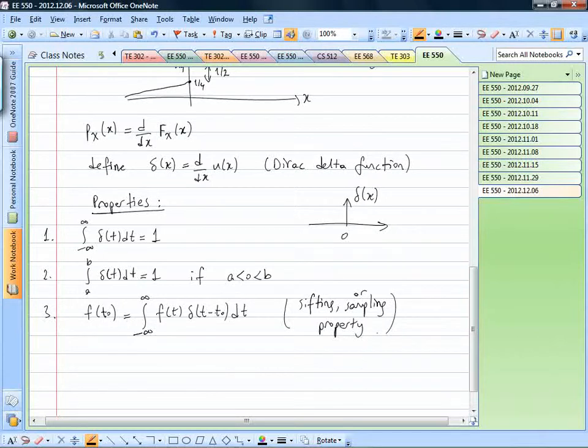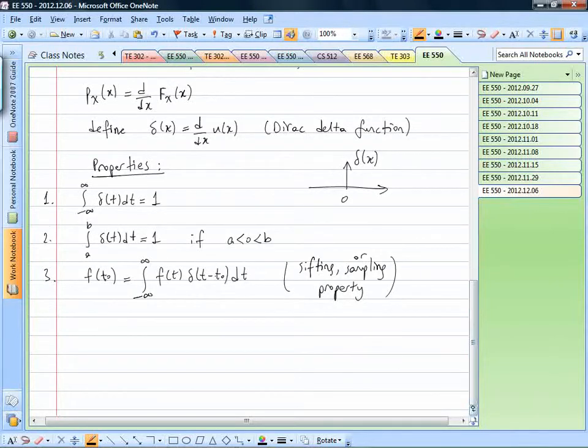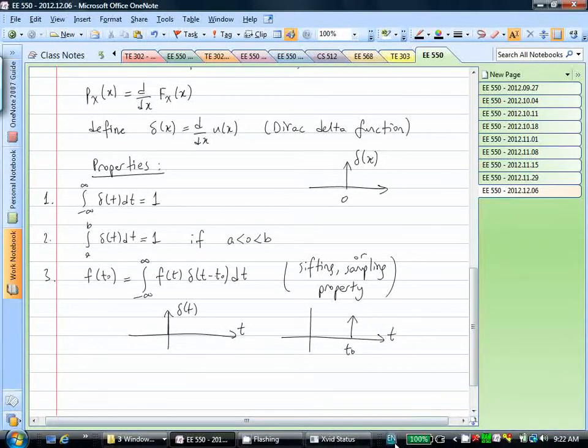So if you multiply a function f with this delta, you end up evaluating the f function at the value of where the delta is. So okay, this is delta(t). When you shift delta(t), what happens is that you're shifting your delta to t0. Okay, so let me take a stop here, pause.